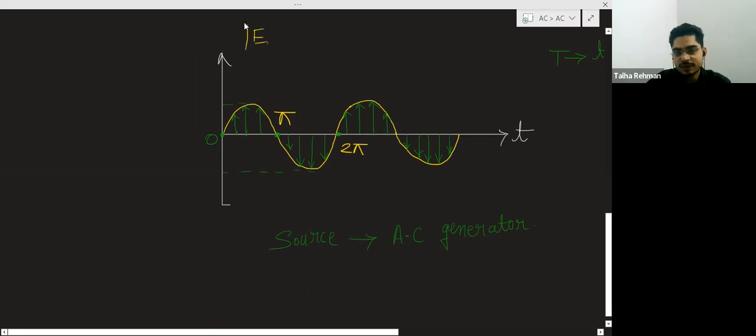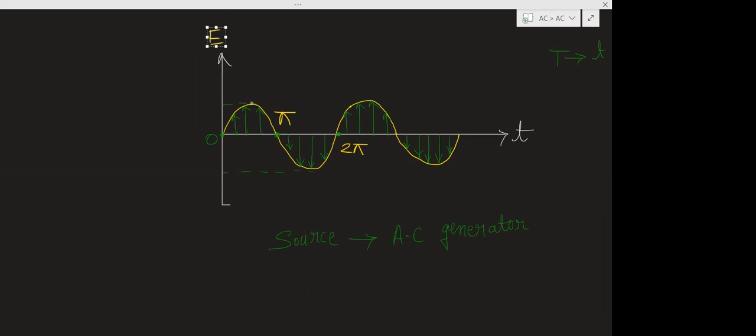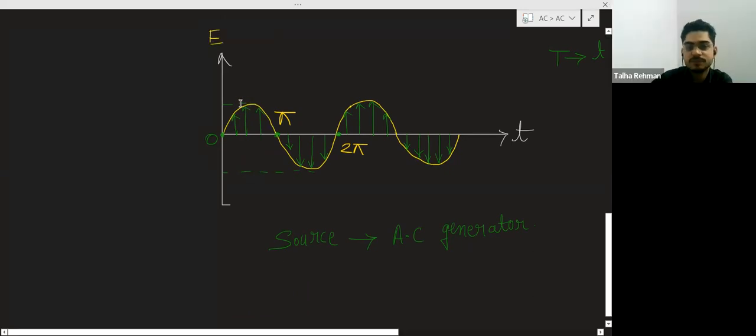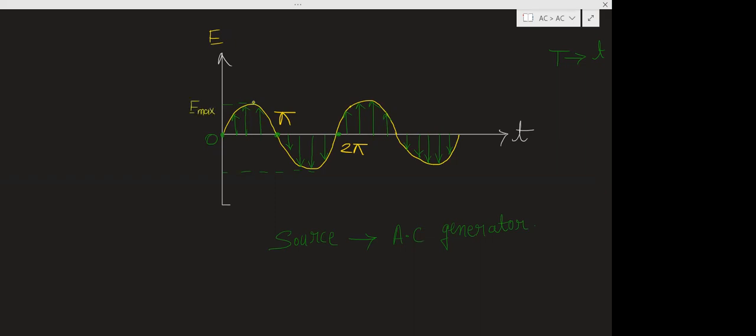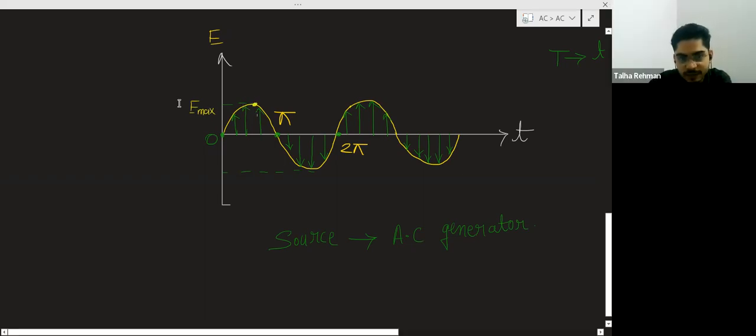So this is the graph between the EMF and time, means with time how the EMF is changing. There is a time when the value of the EMF is maximum. This is the maximum EMF value. Somewhere here, you will get the maximum value of EMF.